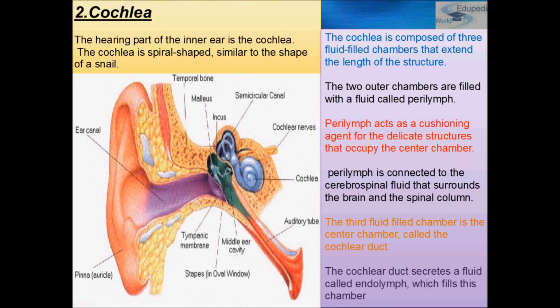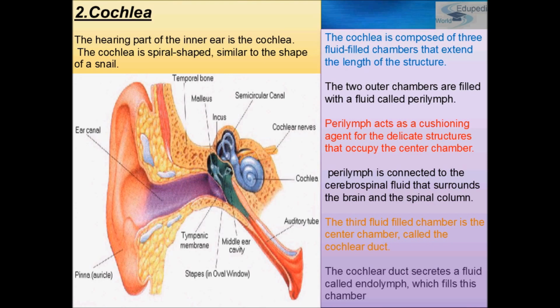That means fluid is filled in this cochlea, and that fluid, the perilymph, acts as a cushioning agent. Now perilymph is connected to the cerebrospinal fluid that surrounds the brain and the spinal column, which I have already taught you in my previous section of the presentation.